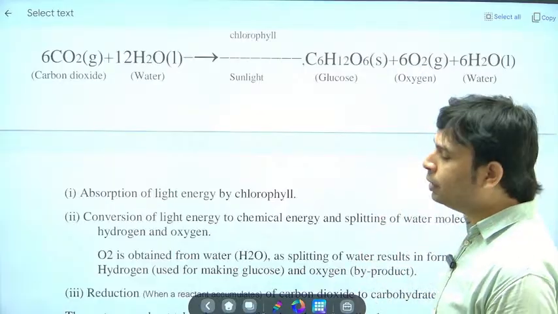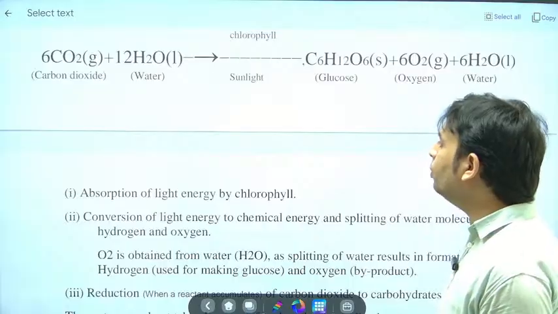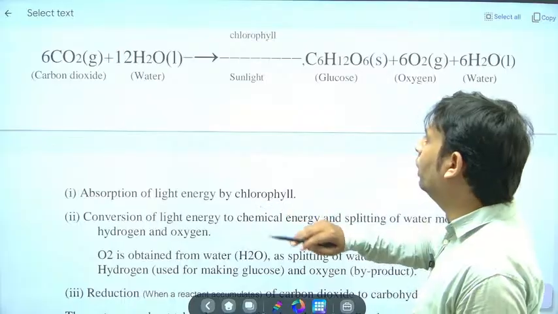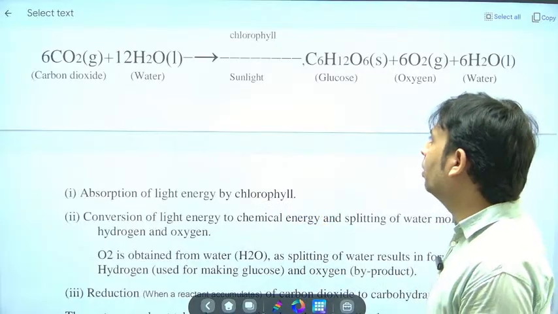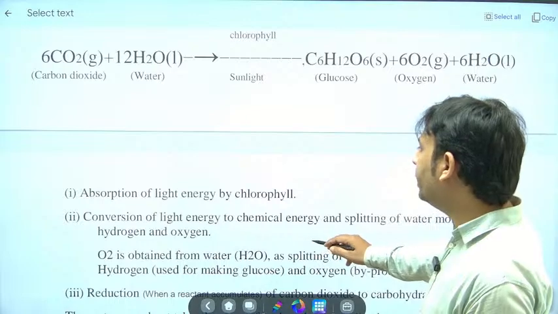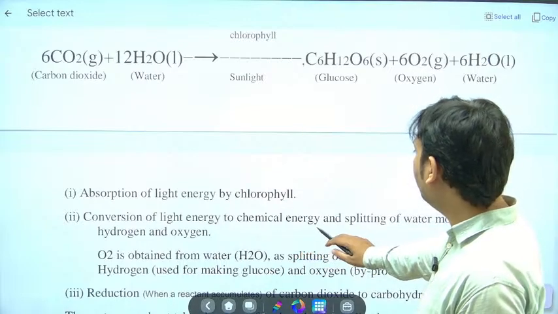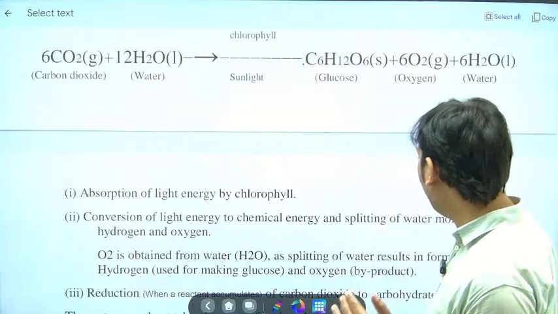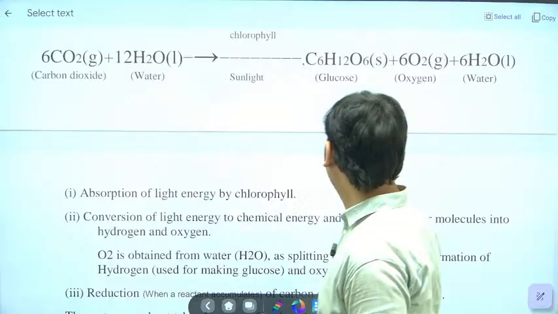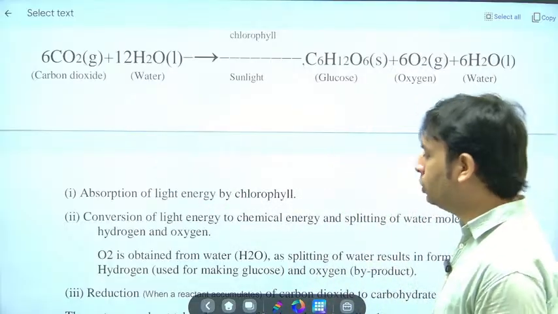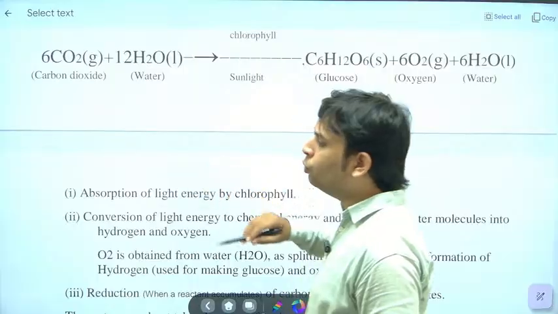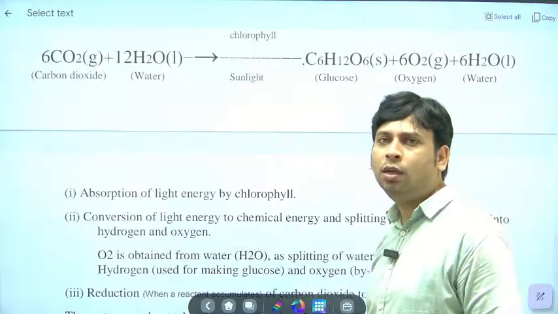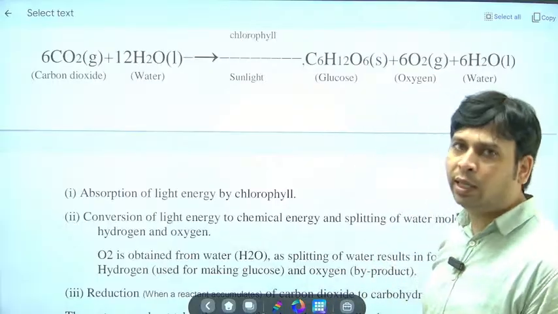So we are looking at the events of photosynthesis. The first event is absorption of light energy by chlorophyll. Second, conversion of light energy to chemical energy, and splitting of water into hydrogen and oxygen. This water is split into what? Hydrogen and oxygen, because water is made of hydrogen and oxygen.